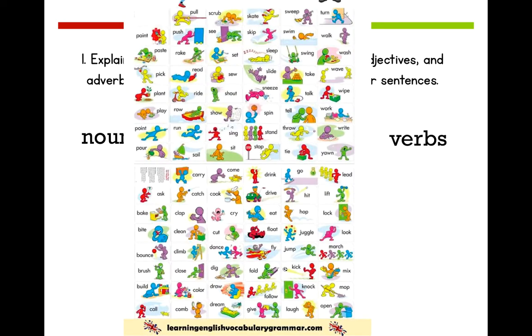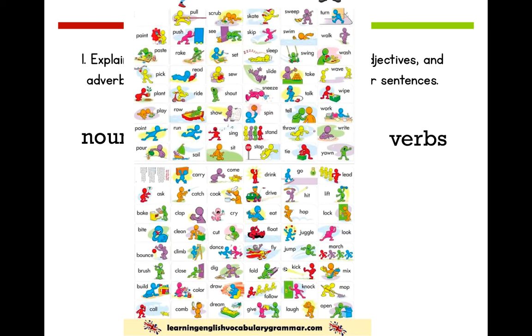Now, verbs are action words. There are so many of them. Thanks to learningenglishvocabularygrammar.com, they made this chart available for me to copy and share with you. So these are just some verbs. These are things you can do, things that your body is able to do.